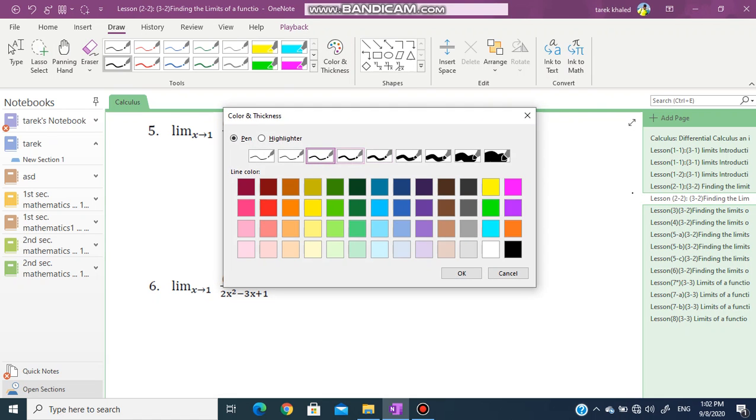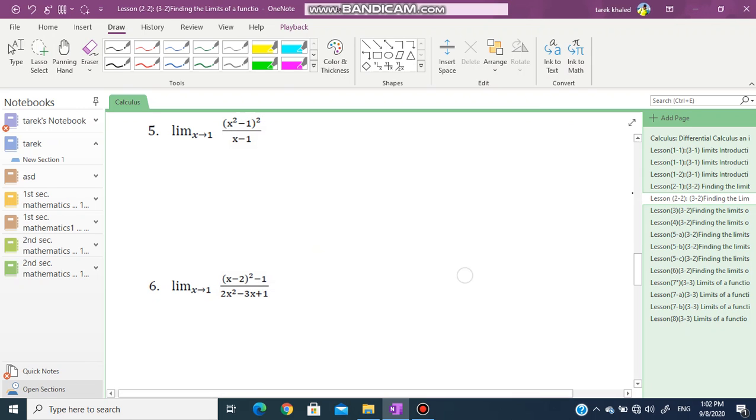So f(1) equals (1^2 - 1)^2 over 1 - 1, which equals 0 over 0, an unspecified quantity.